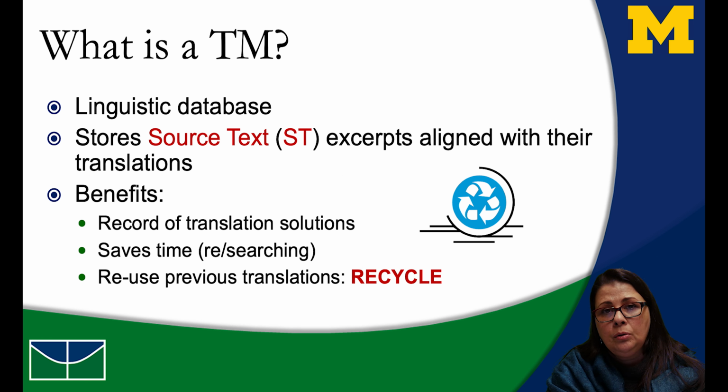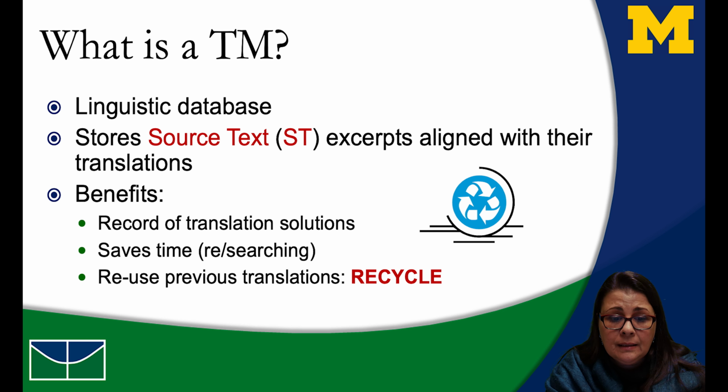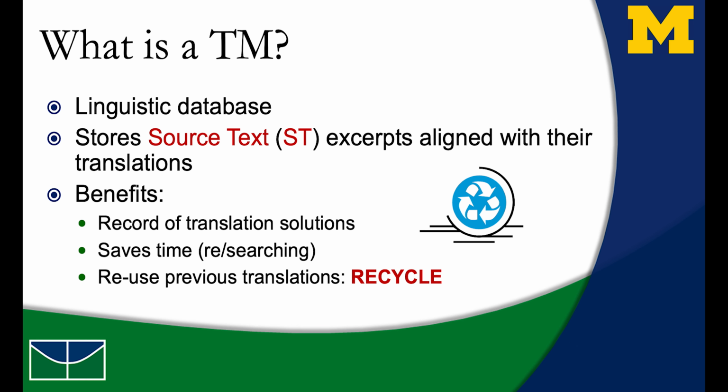So that helps you save time, also save memory for other things. Searching that information again, you don't need to do that. And also you can reuse some of the translations that you've done before, providing that the context is similar.